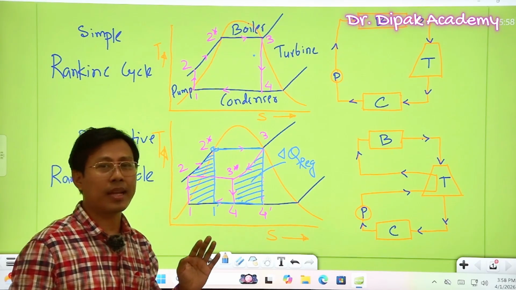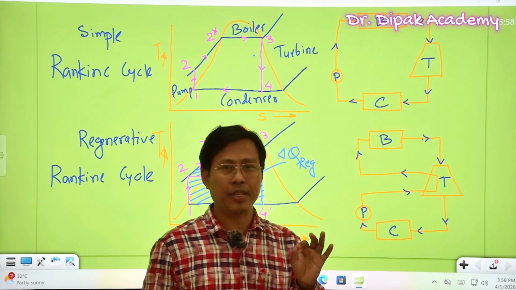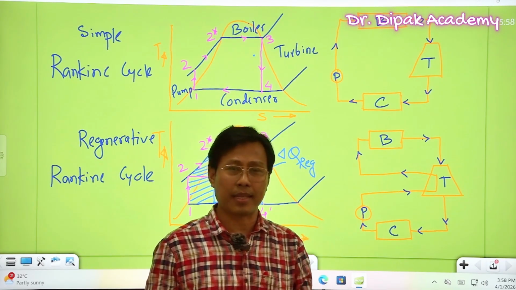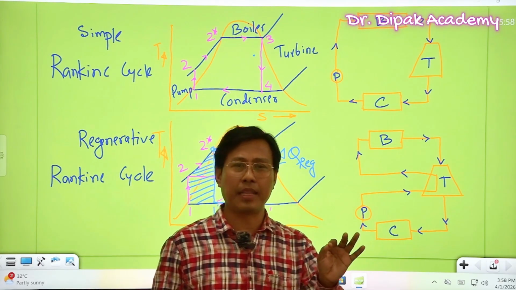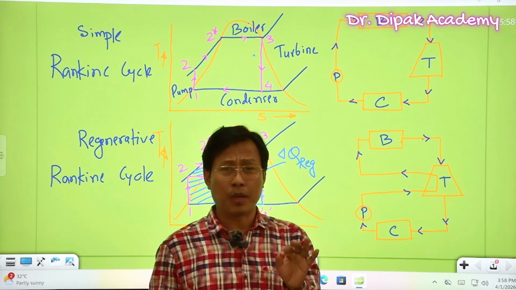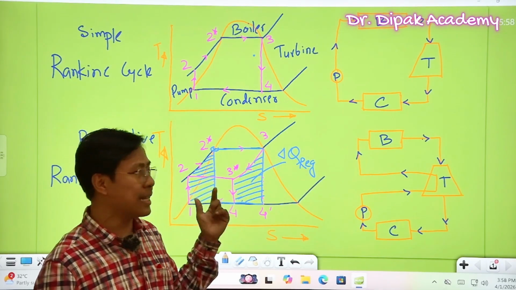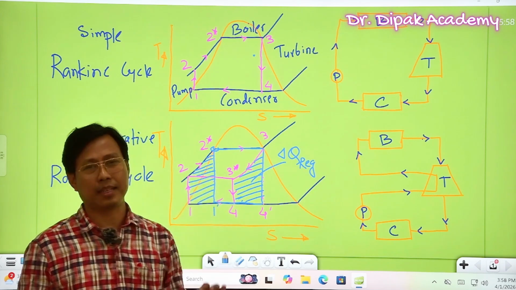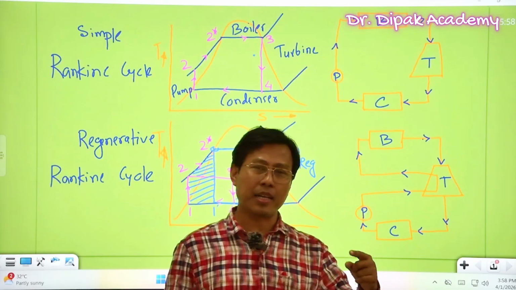So as we know that the Carnot cycle gives the highest efficiency in the case of a reversible cycle. So automatically out of these 4 options given in the question of the GATE examination, we can find out for the same pressure limit the regenerative Rankine cycle will give the highest efficiency. Okay, I hope that you have understood the answer to this question.